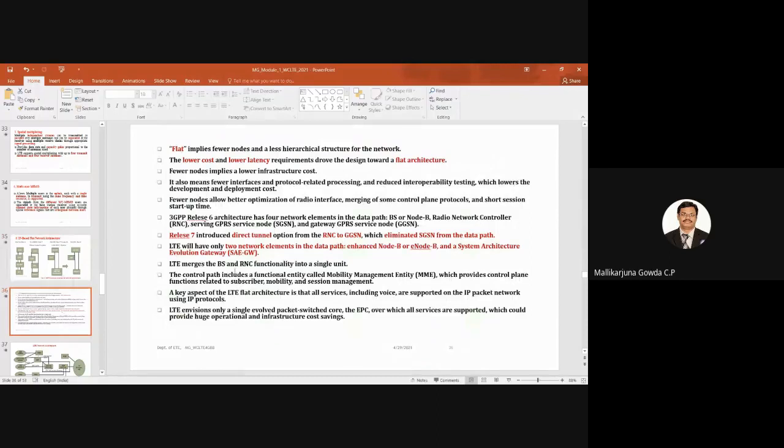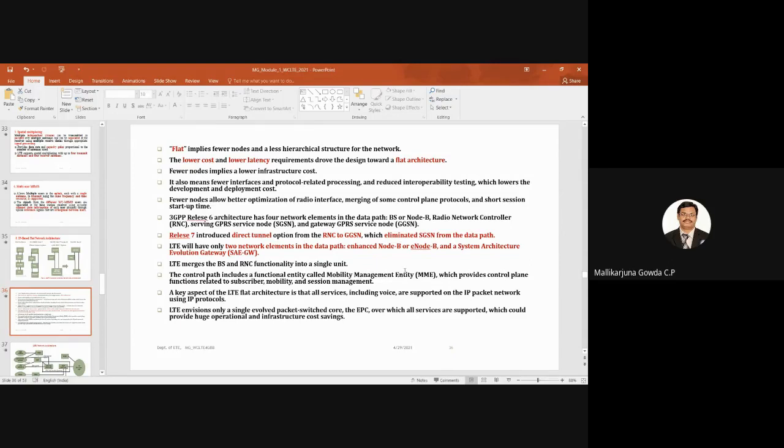The name itself says what the MME will do. It takes care of the mobility of the users. When the user is moving from one network to another network, or from one coverage area to another coverage area, his call continuity has to be established. That is taken care of by this mobility management entity element.